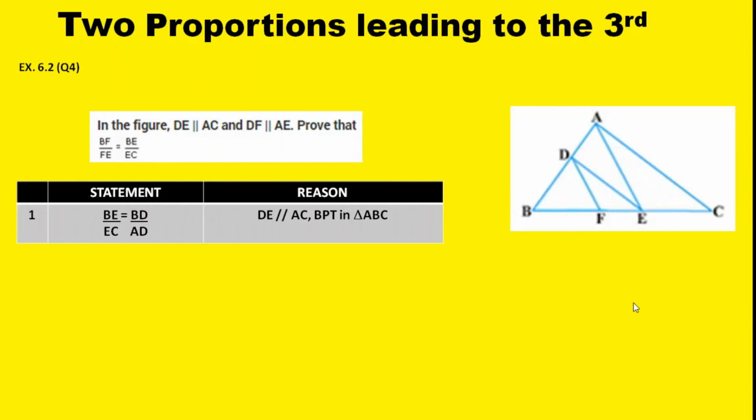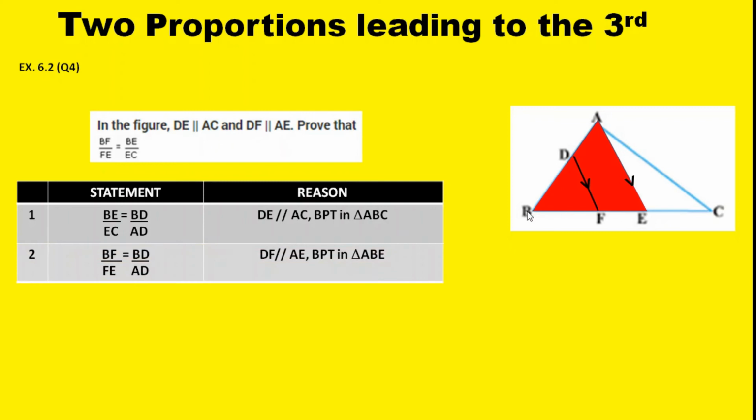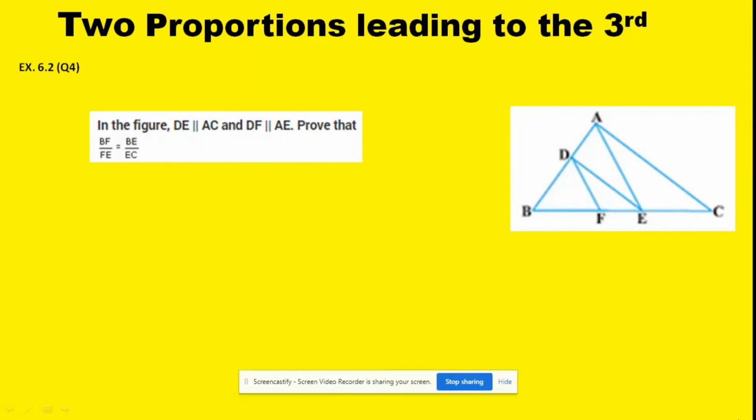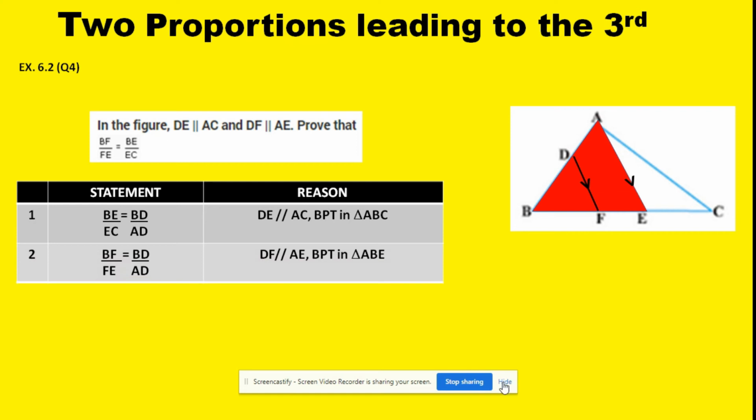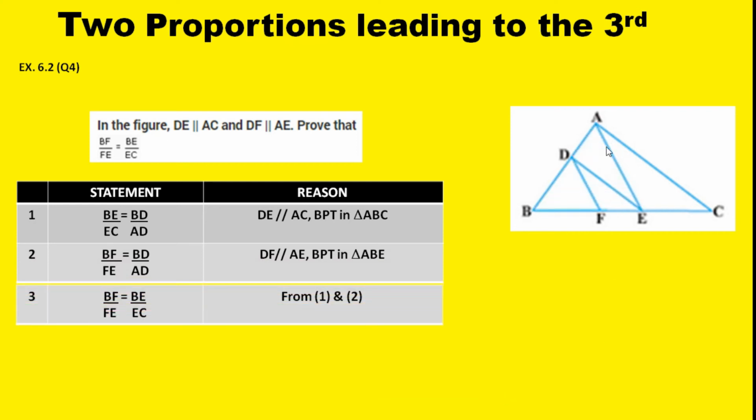Now, we'll take the red triangle and apply BPT in this because DF is parallel to AE given to us. So when we do that, we have BF upon FE is equal to BD upon AD. Very similar to what we had, BD upon AD is equal to DF upon FE.